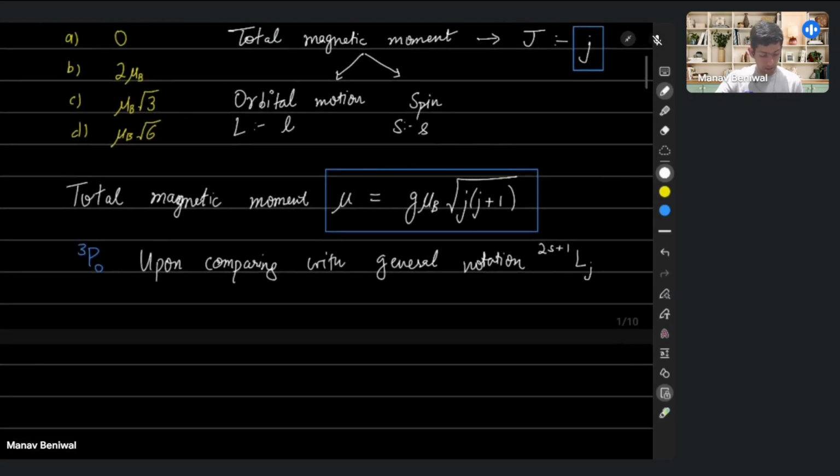So upon comparing, we get S is 1, we get L is also 1 because this is P, since the sequence is S P D F, 0 1, so this is 1, and finally J is 0. Okay, so this is what we are getting, J is 0.